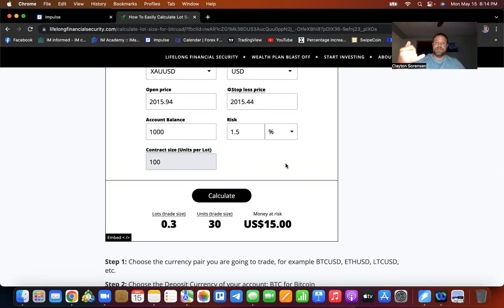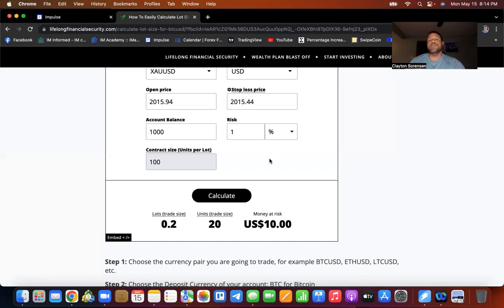You're going to risk $15 if you get stopped out. That makes it pretty simple. I actually do 3 different ones. 1% risking on the account is a 0.2 lot size at a $10 risk. That makes sense on a $1,000 account.